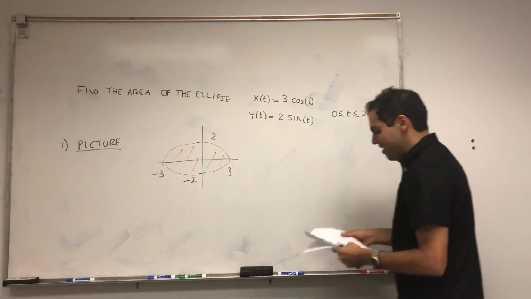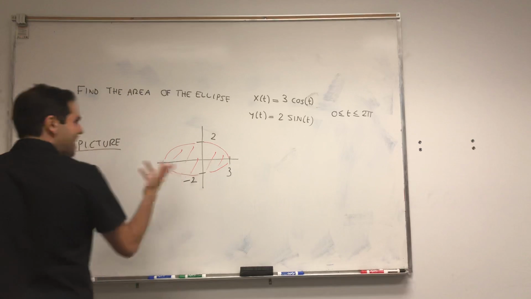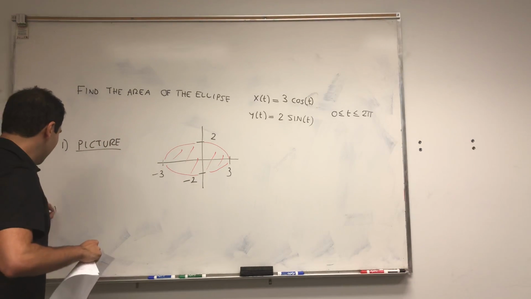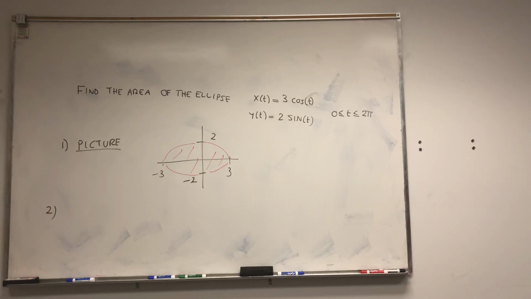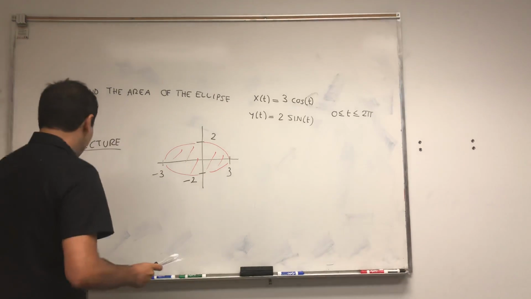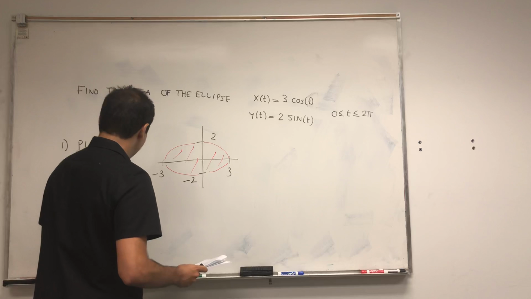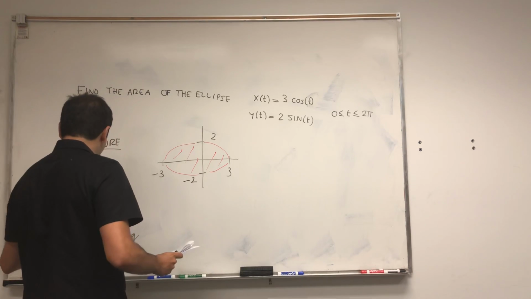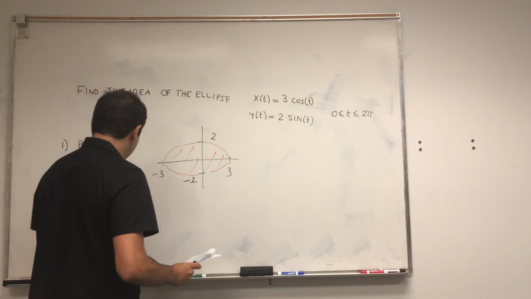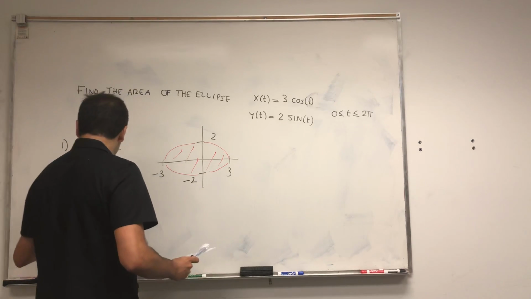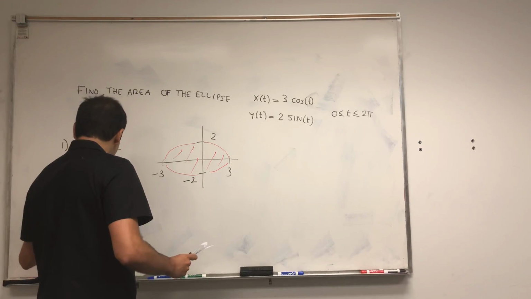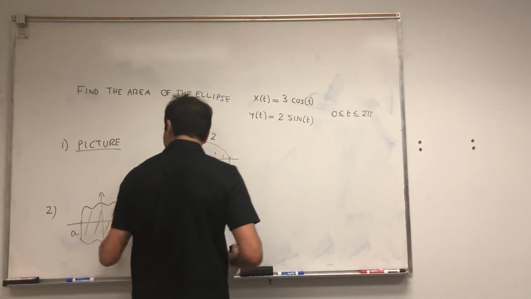However, it doesn't quite tell you how to evaluate this area, and to do that, let me motivate something again from calculus. Suppose you have two functions, f and g, and you want to calculate the area between the two curves from A to B. How do you find this area?